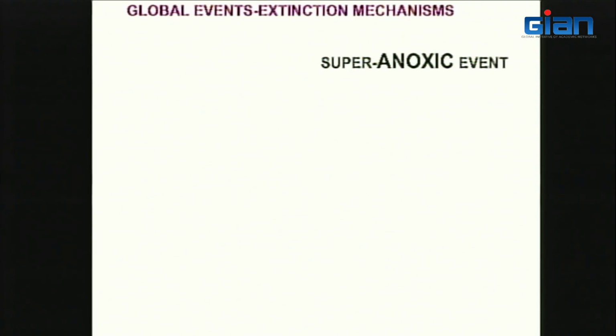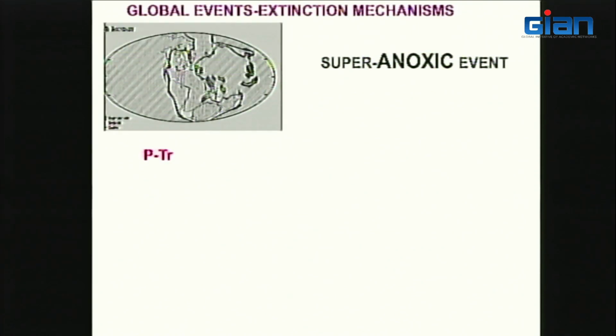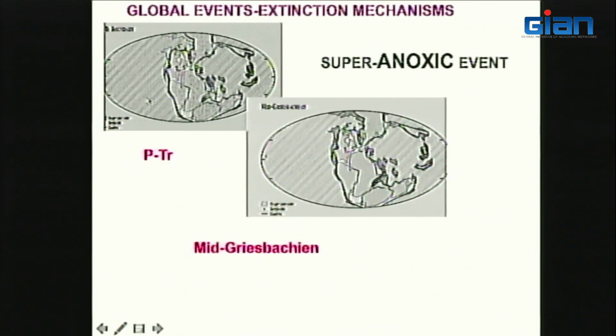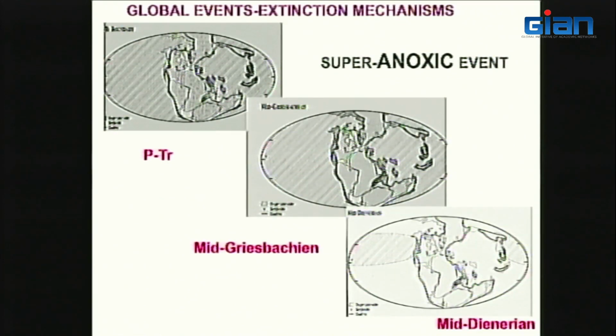This gray band shows an ocean at the Permian-Triassic which was quite fully anoxic, and only after a few million years into the Triassic do you get less and less anoxic conditions.